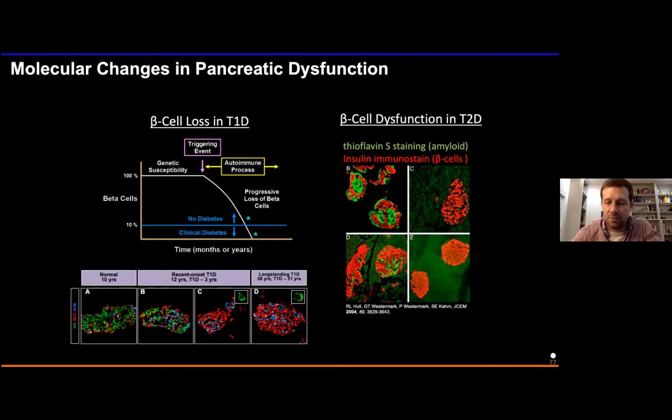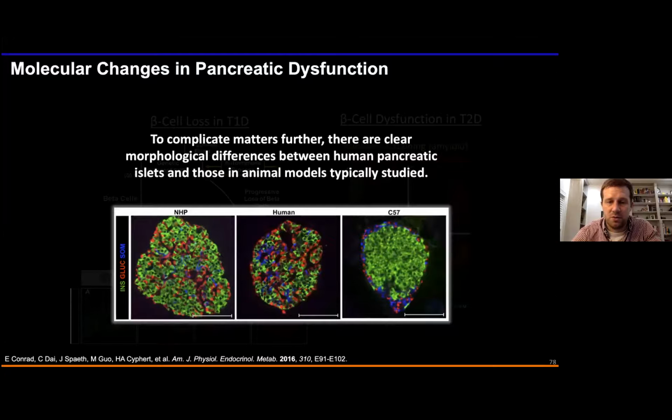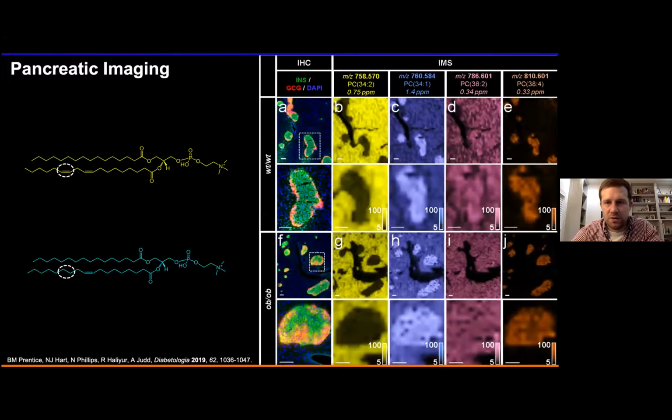So it's really important to have some spatial measurements with this. Additionally, a lot of the mouse models we use to study diabetes are problematic because they don't accurately recapitulate the human anatomy. So we've used imaging mass spectrometry to study different samples and looked at different lipids and metabolites. Again, subtle chemical differences result in dramatic differences in spatial distribution.